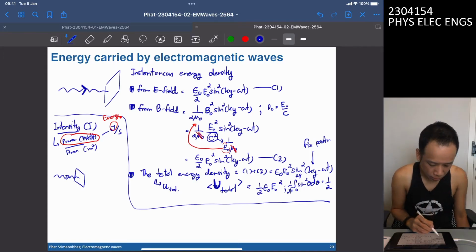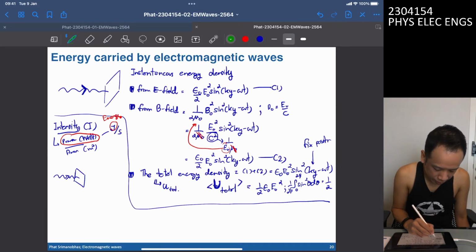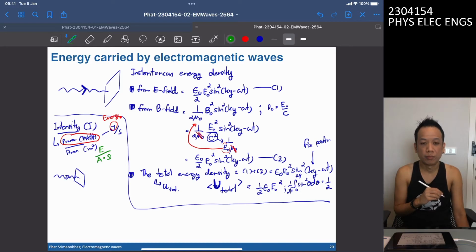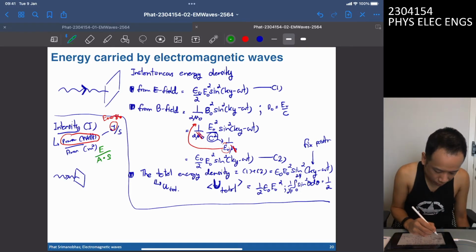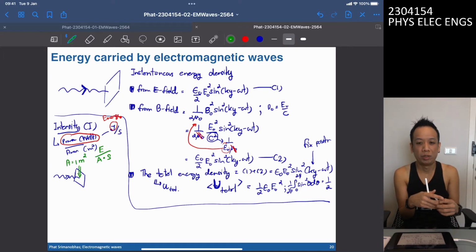So if you look at the definition, the intensity is going to be the energy per area per second, right? The area, we can force it to be square meters. If you have 2 square meters, you just divide by 2, that's fine. But if you prove it in general, you just put A equal to 1, so it's already per square meter.